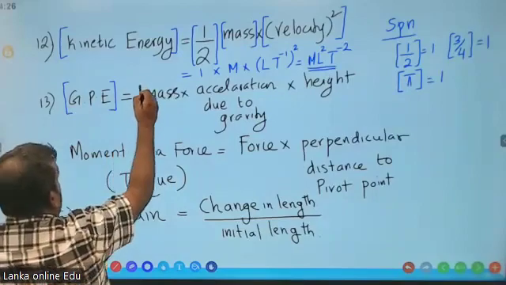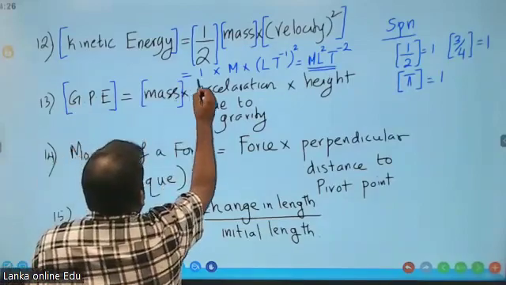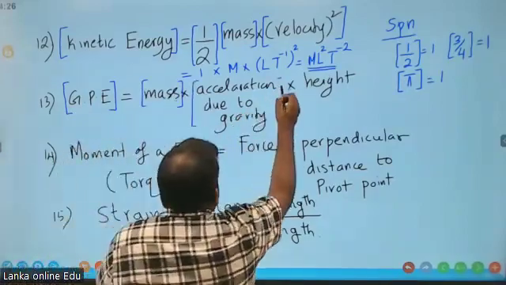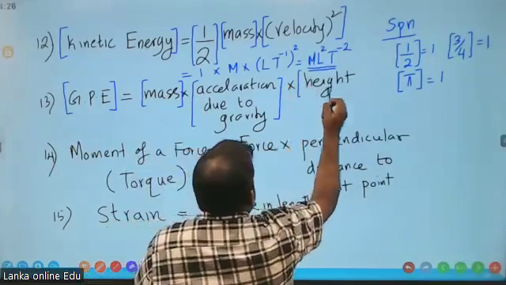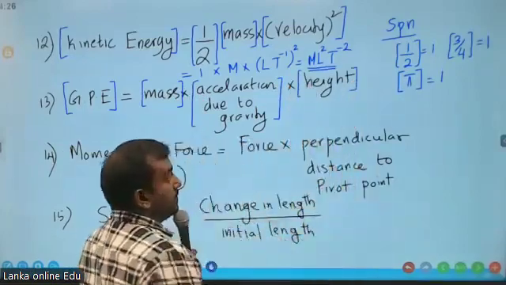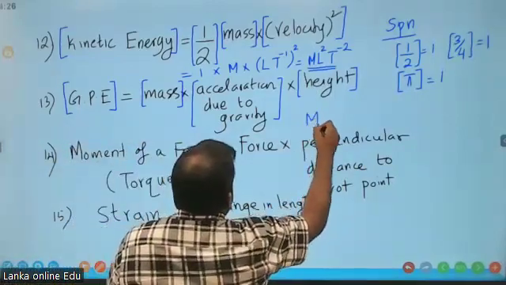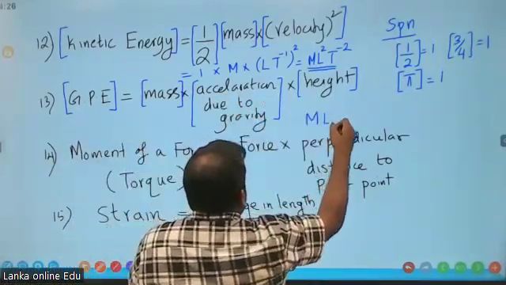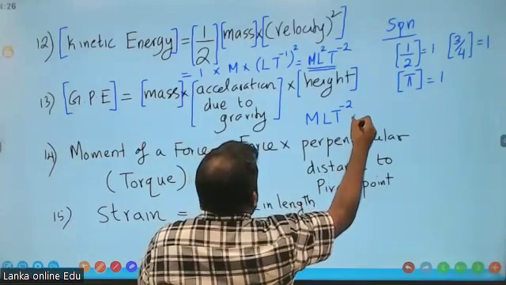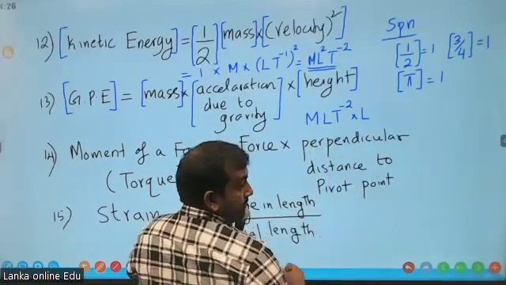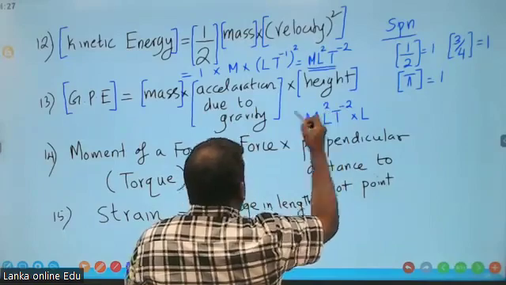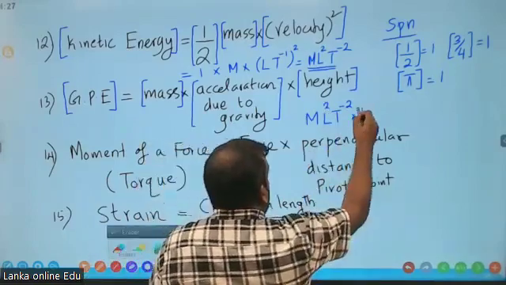Gravitational potential energy: mass, acceleration due to gravity, height. Mass is M, acceleration due to gravity LT minus 2, height is L. L and L becomes L squared.